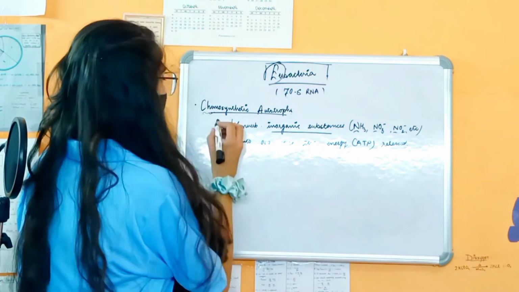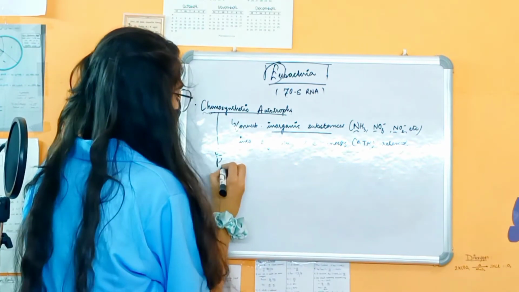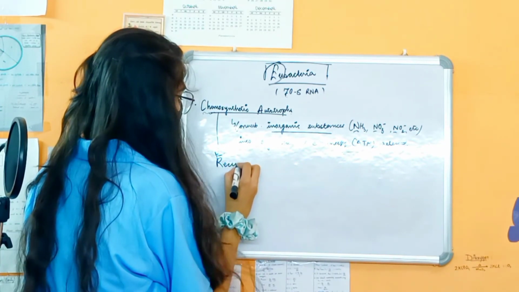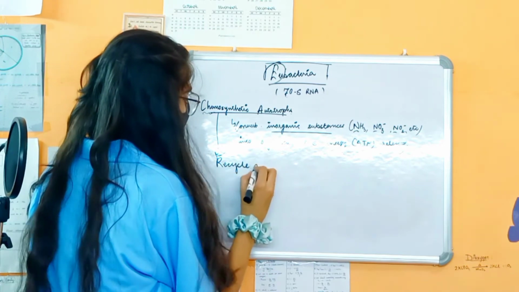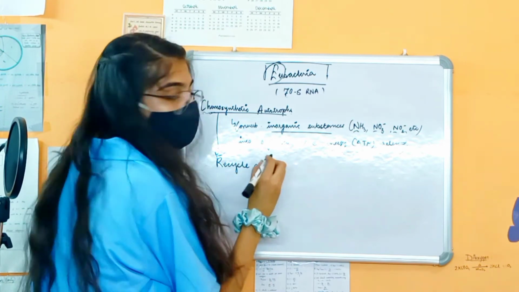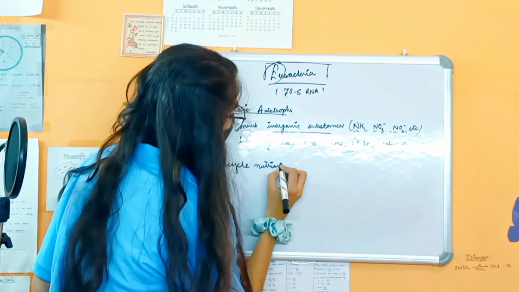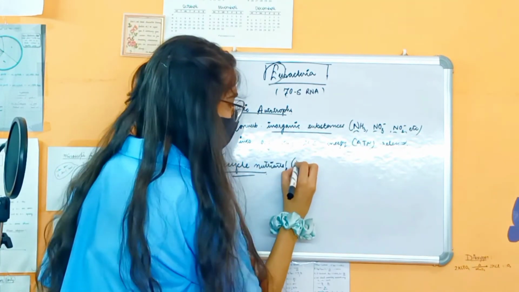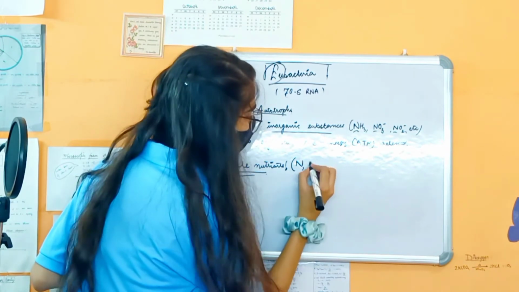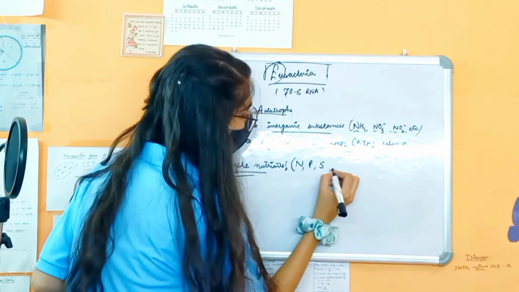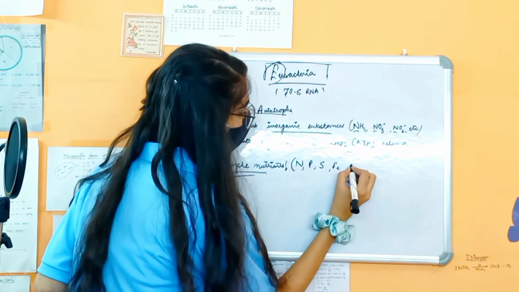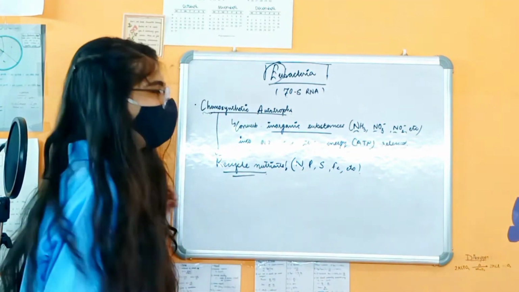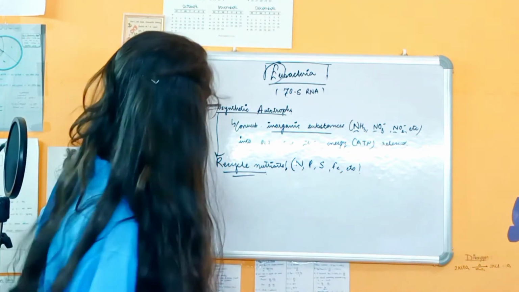We can say that these recycle nutrients in the environment. Nutrients like, of course, nitrogen, which we already studied, phosphorus, sulfur, iron, etc. So let's know more about it.